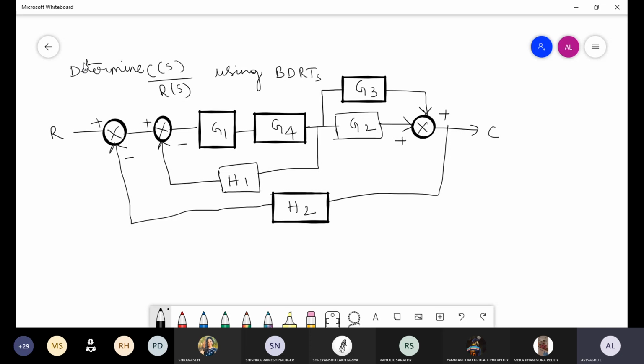Here there is nothing to scratch your head. Just follow whatever you feel: series block, parallel block, minor feedback loop, everything is there. So you can start writing the answer.